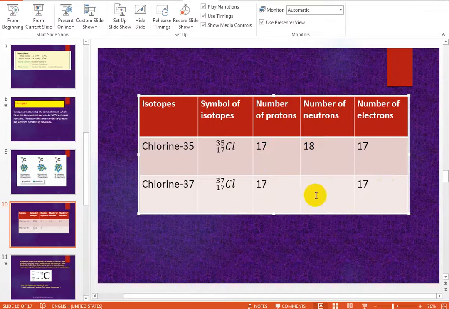What is the neutron number? 37 minus 17, 20. Good.